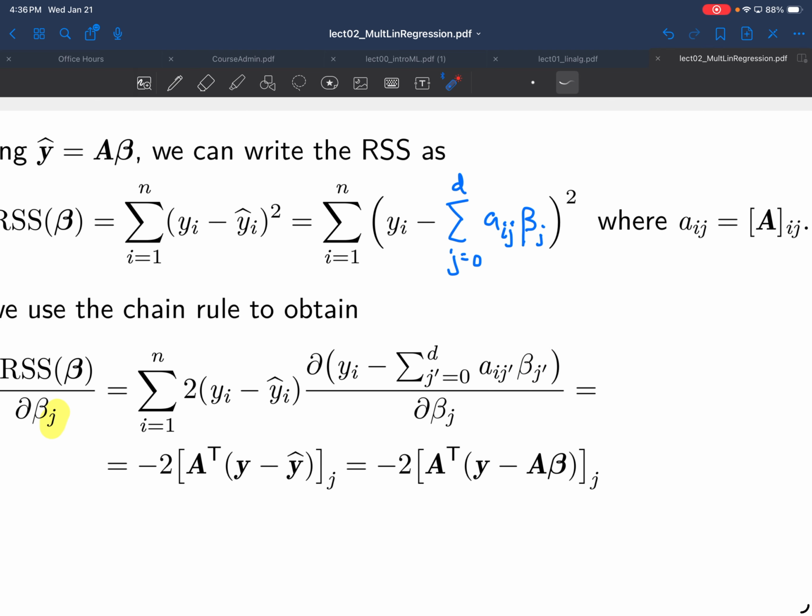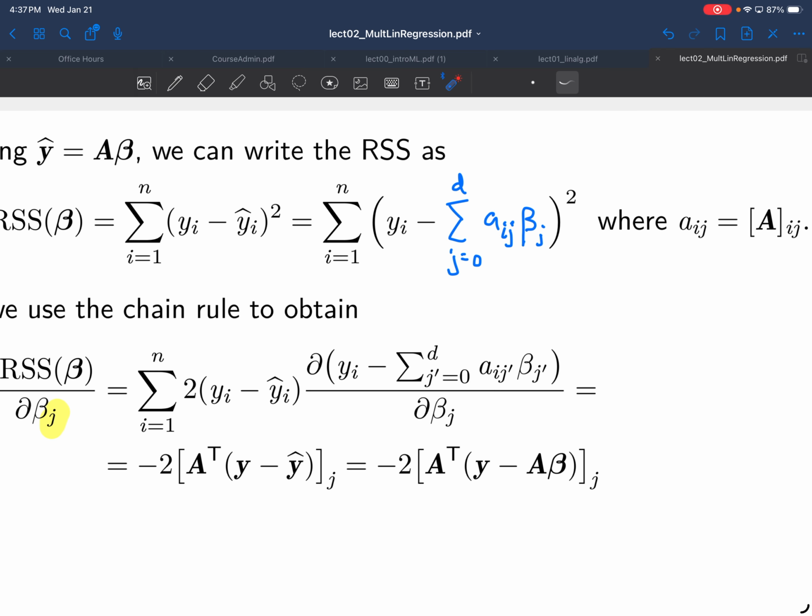Now what I'm working on here is the partial derivative of this. Since this yi doesn't depend on beta j, we don't have to worry about it. So really we have to look at the partial derivative of this thing here, and we write that using a j prime to keep it separate from this j.